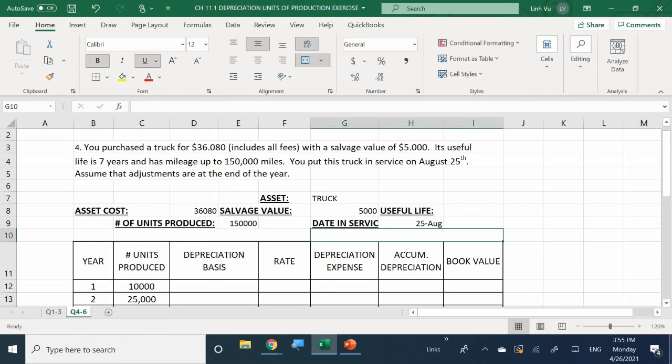What about the date that I placed into service? August 25th. So therefore, what does that tell us? Two months, you said? Let's calculate that again. When do you actually start depreciating it? The first month you drive it, so you start in September.